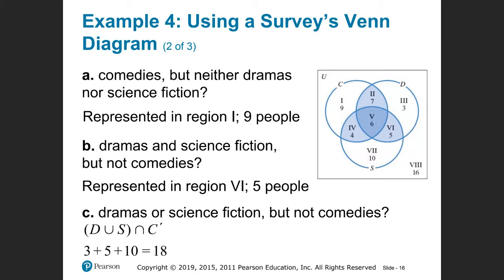So this would be 3, which is region 3, 5, which is region 6, and 10, which is region 7. The total of that would be 18. So 18 like dramas or science fiction, but they don't like comedies. So we can't include anything in C. That's why it's the complement.